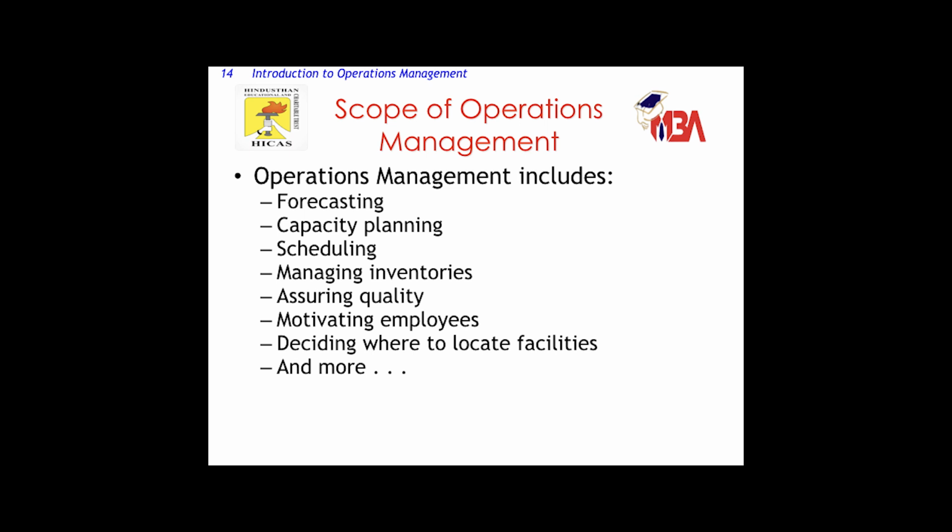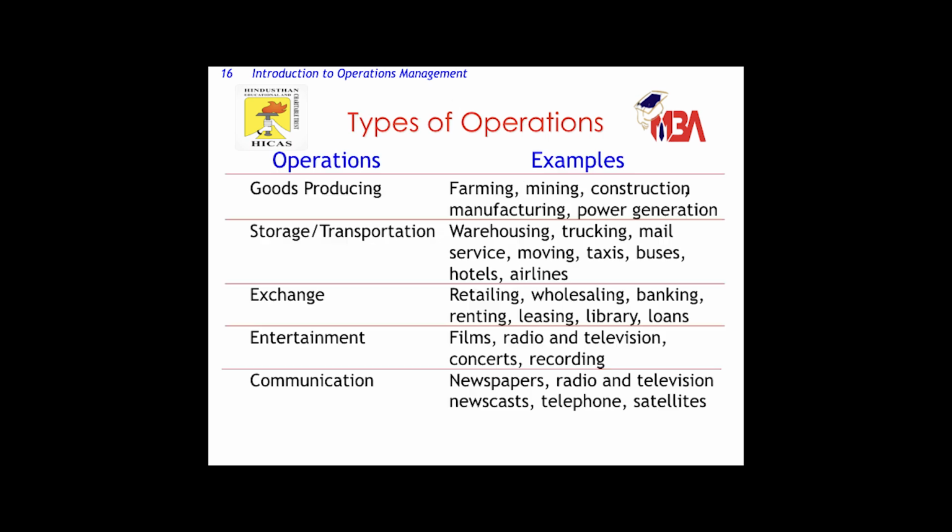Material handling, transportation, stores management, controlling production, and controlling quality are all functions of operations management. So, all these activities which are associated in performing the activities to produce a product or service come under operations management.